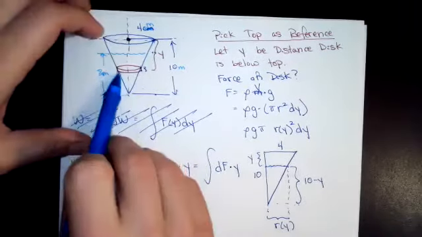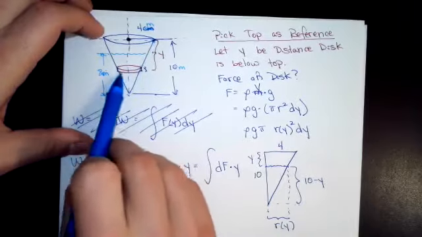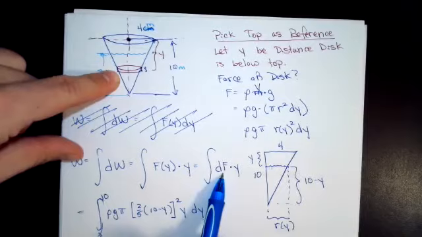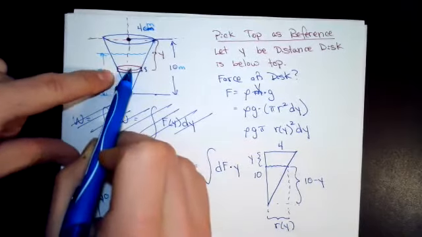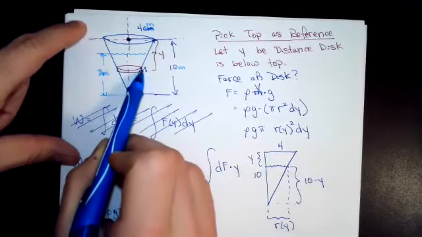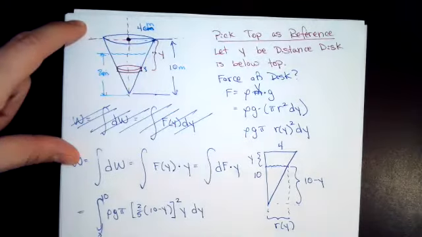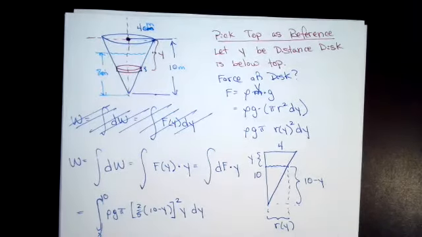But we assume that for each slice, at a given depth, that force is constant. And so I have to move this slice a total distance of y to get out. Okay, I see it.